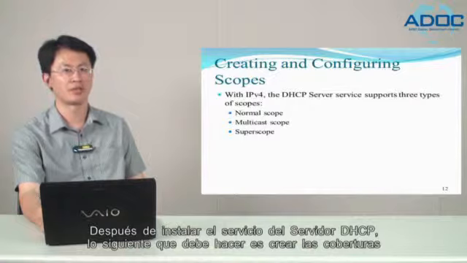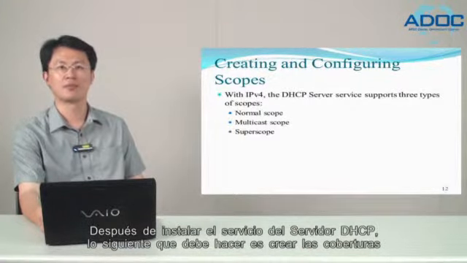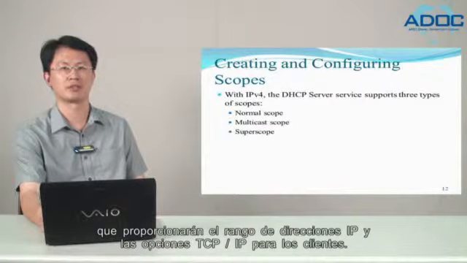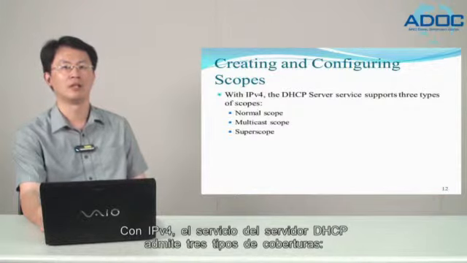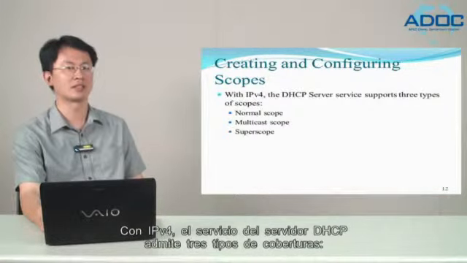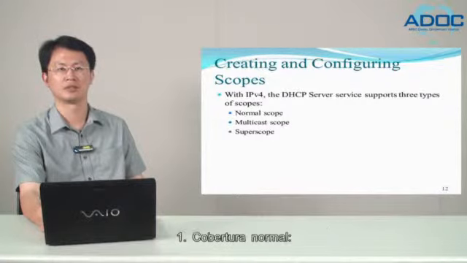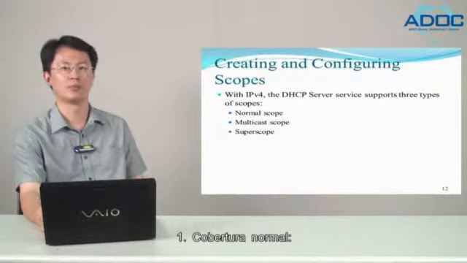After you install the DHCP server service, the next thing you must do is to create the scopes that will provide a range of IP addresses and TCP/IP options for clients. With IPv4, the DHCP server service supports three types of scopes. First, normal scope.